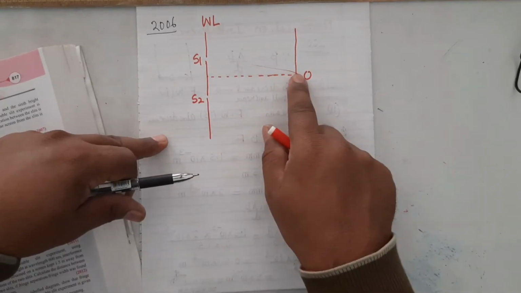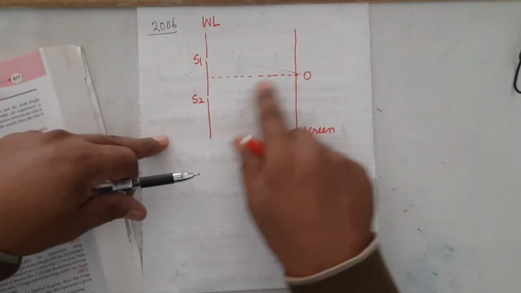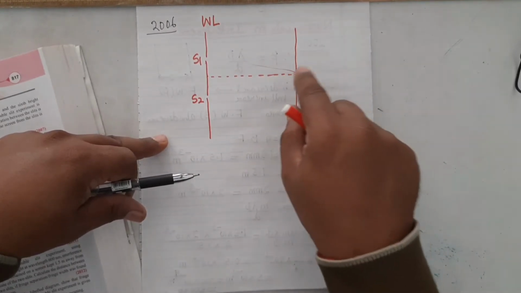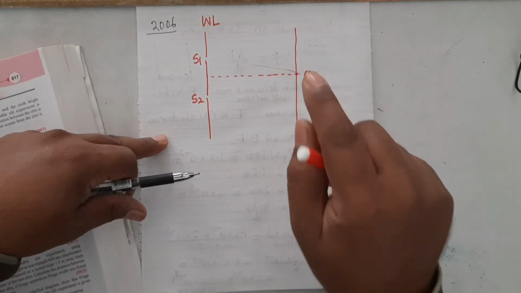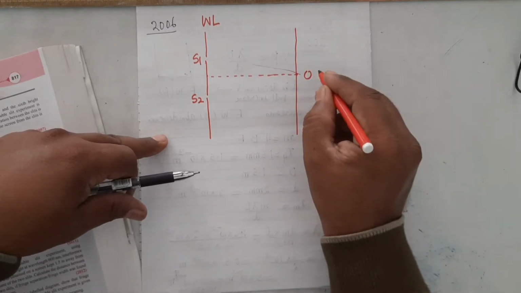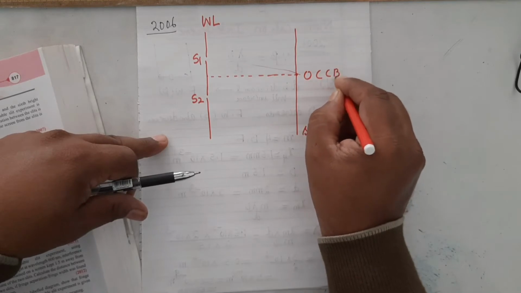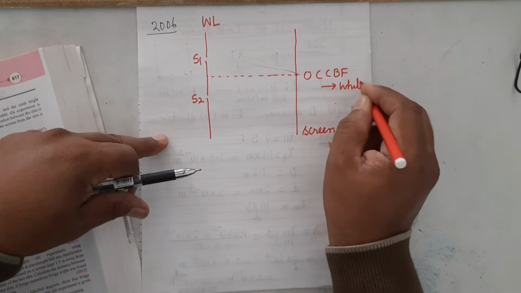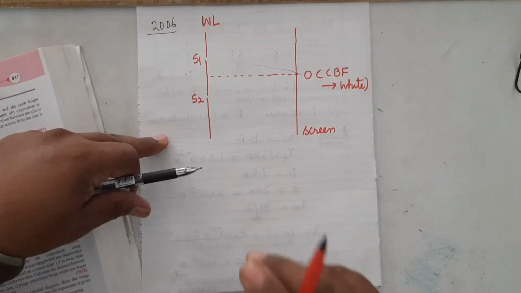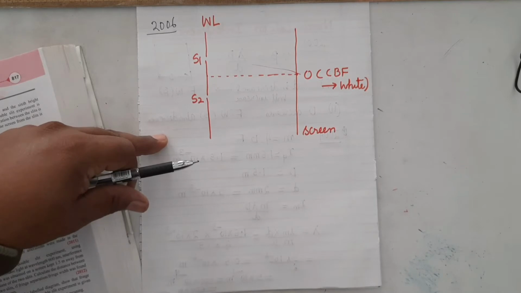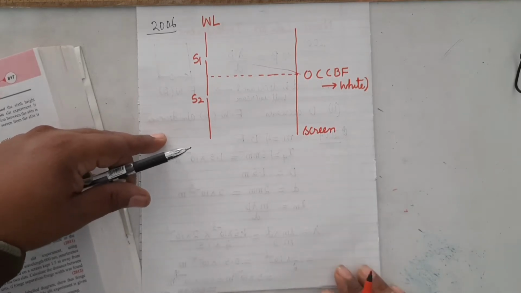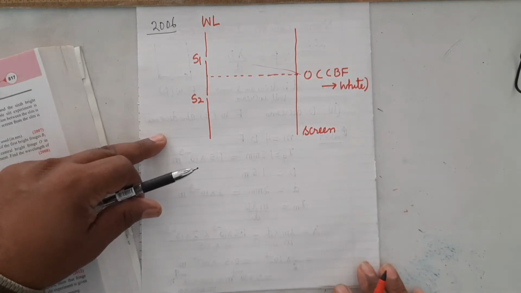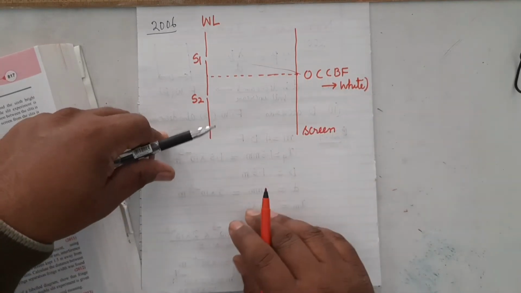When violet color waves reach, they will produce a violet color bright fringe. And when all the colors are present at this point, it will become white. So this central bright fringe will be white, because the waves of all colors superpose at point O without any path difference.